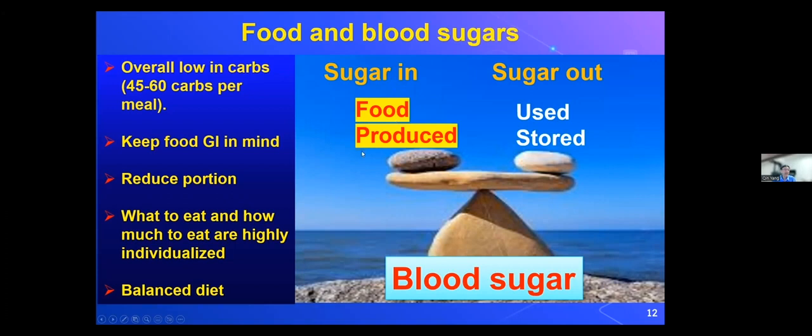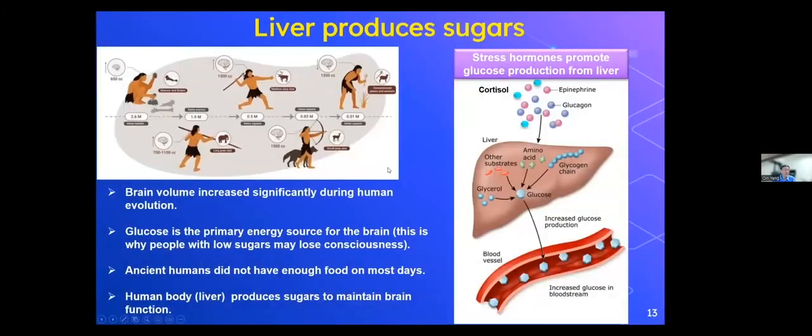And then in addition to the food sugars, the human body also produces sugars. This really came from evolution. During evolution, you can see the brain volume almost doubled over several million years.